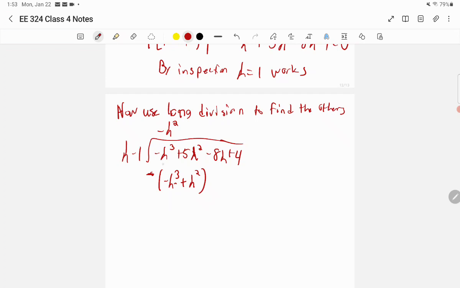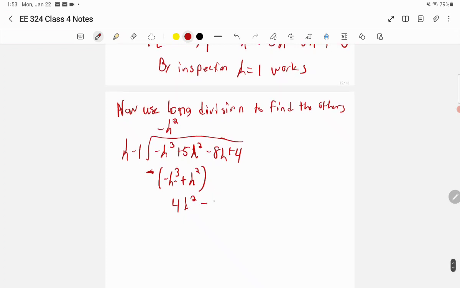Then I get 4 lambda squared minus 8 lambda plus 4 left over, which means I multiply by 4 lambda.